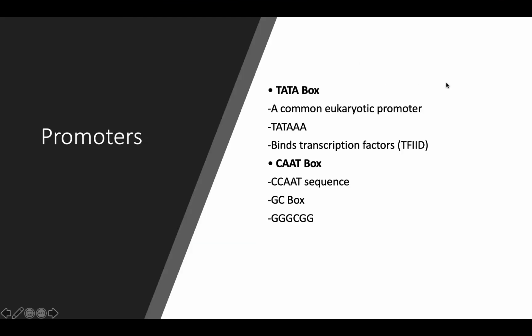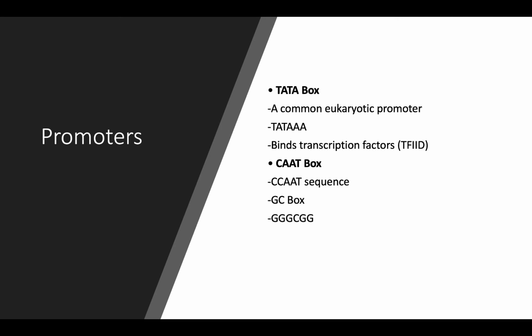What types of promoter sequences are there? If you remember and have read the book so far, you often hear the word TATA box. The TATA box is a very common promoter for eukaryotes, especially for transcription factor 2D, and it is usually made up of TATAAA.